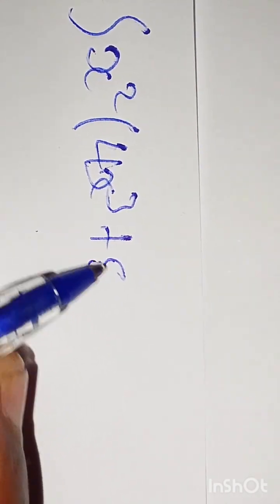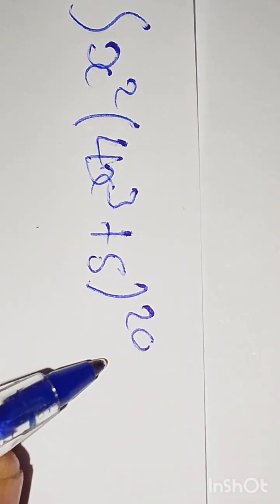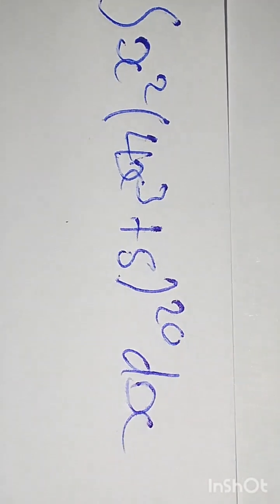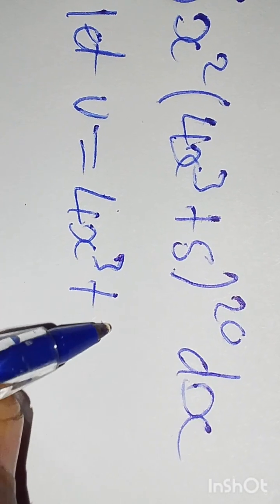Then we now go to our third and final question. The integral of x squared times (4x to the power 3 plus 5) to the power 20 dx. So I've been told to integrate this function. What are we going to do? We're going to say let u equal 4x to the power 3 plus 5.